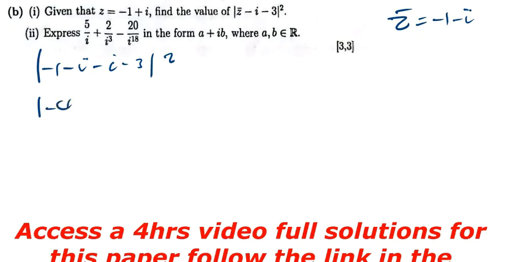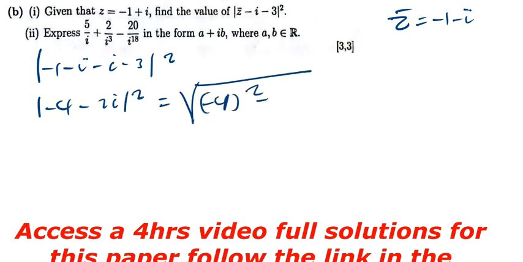So I'll have negative 4 minus 2i squared. So if you have got something which is in the modulus and it is squared, it's basically the same as you square root it, so you are finding the magnitude plus that. That's what we normally do.